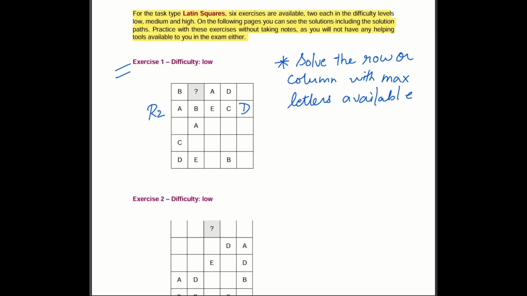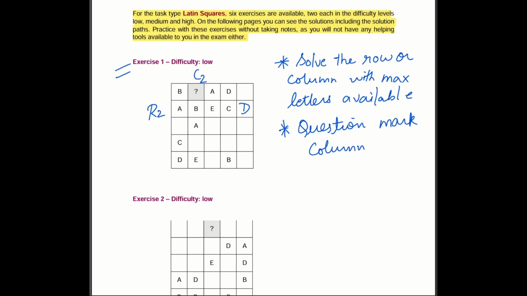Okay. So now come to the question mark column. You can even find the row of the question mark, but I think the column is easy to find most of the time. So just focus on the C2 column.